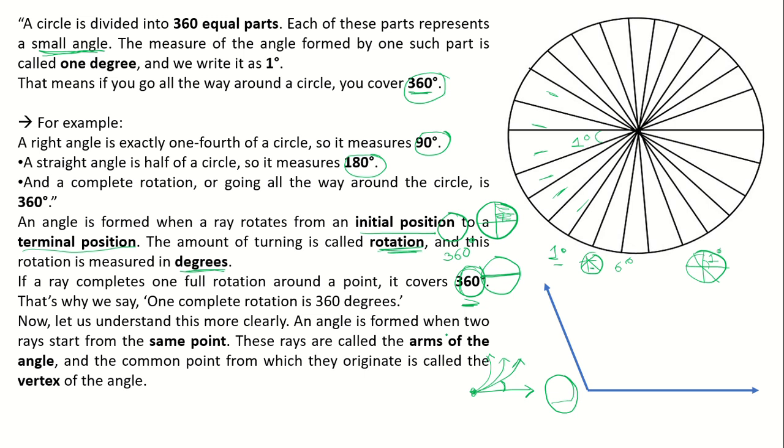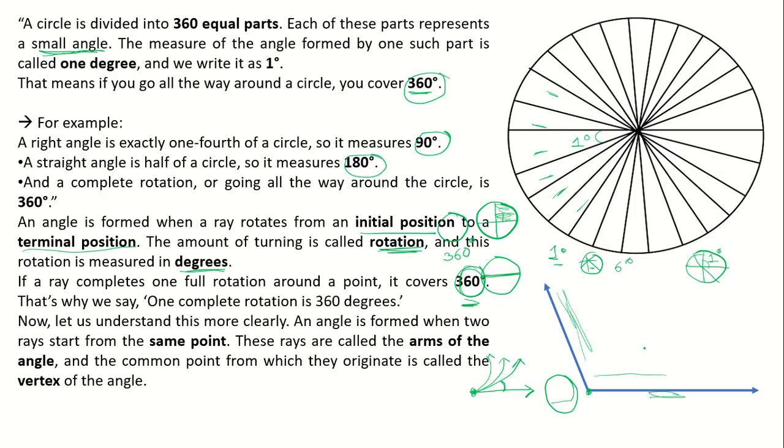Now, let us understand more clearly. An angle is formed when two rays start from the same point. This is one ray, right?